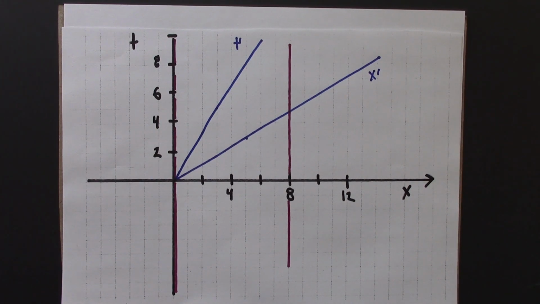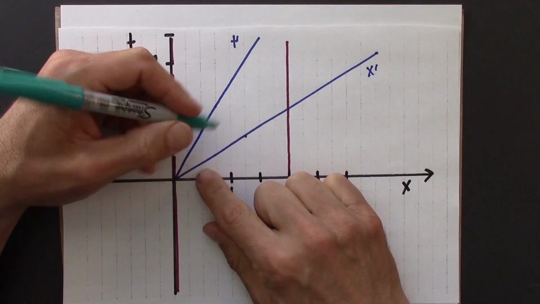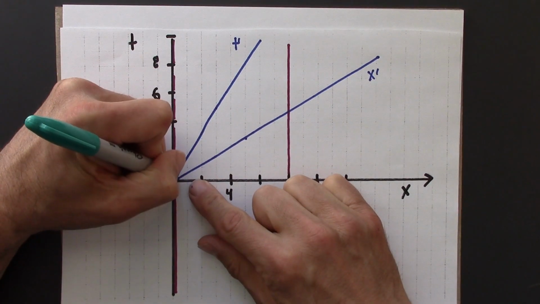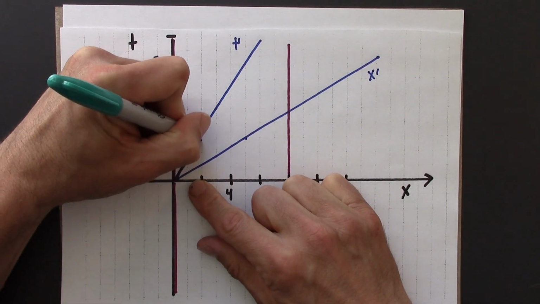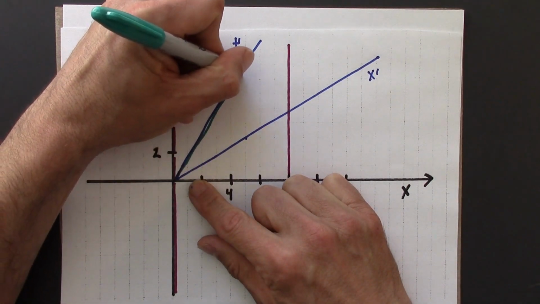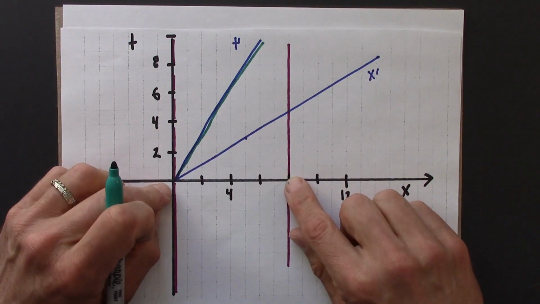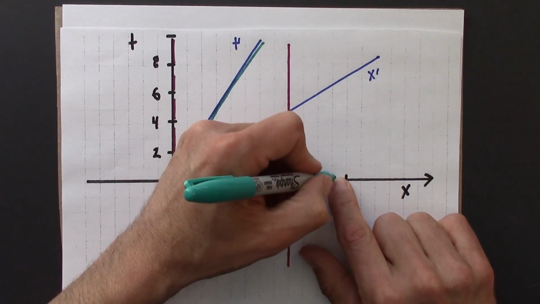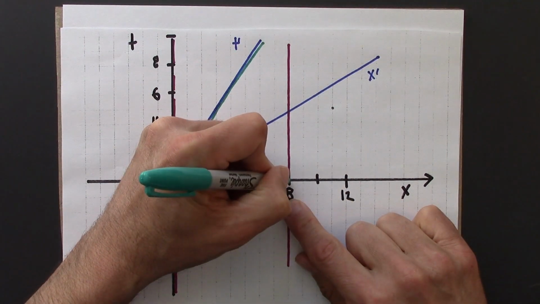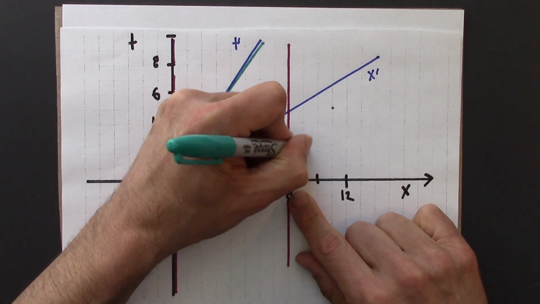And the stick, here's the one I want. I'm going to draw in this green. So the stick is moving also at a beta of 3/5. Over 3, up 5, over 3, up 5, yep.